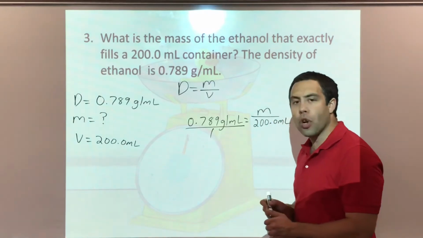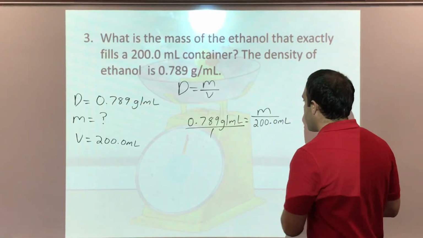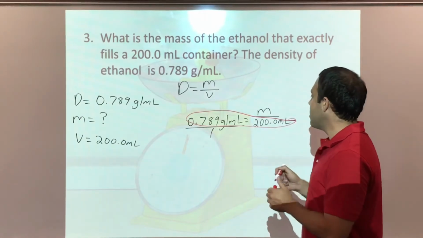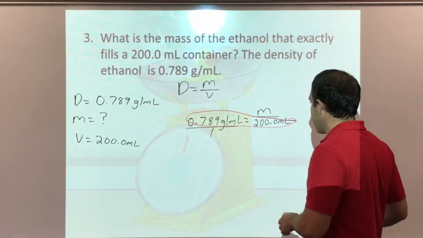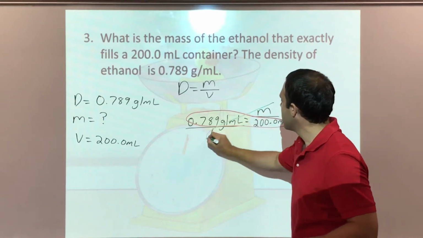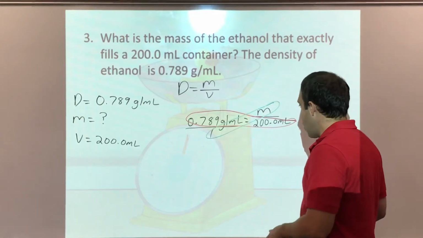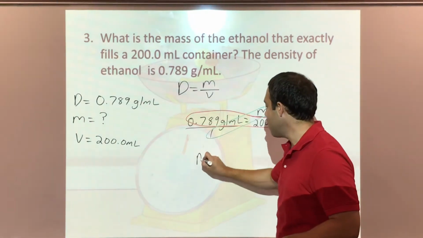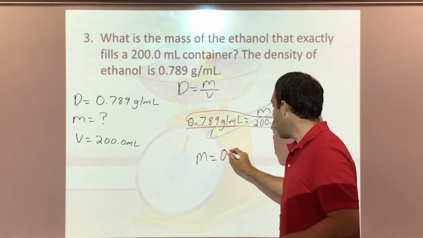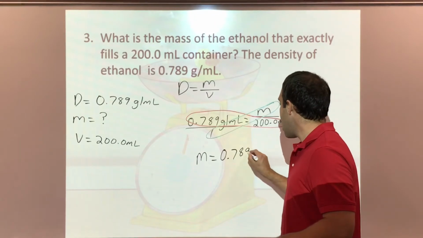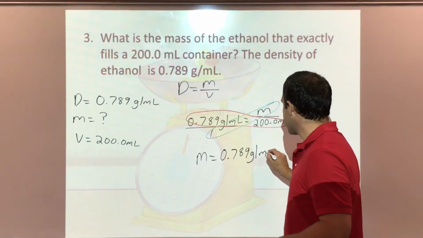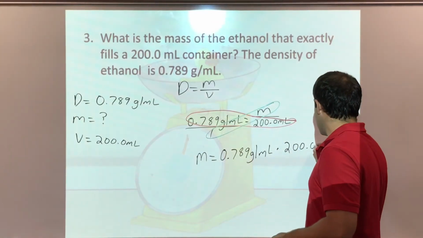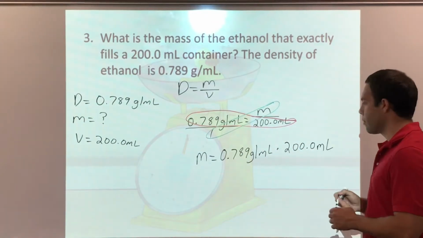For the next step, we're going to have to cross multiply. We're going to multiply 200.0 milliliters times 0.789 grams per milliliter, and then mass times 1. Since anything times 1 is just itself, we're left with M equals 0.789 grams per milliliter times 200.0 milliliters.